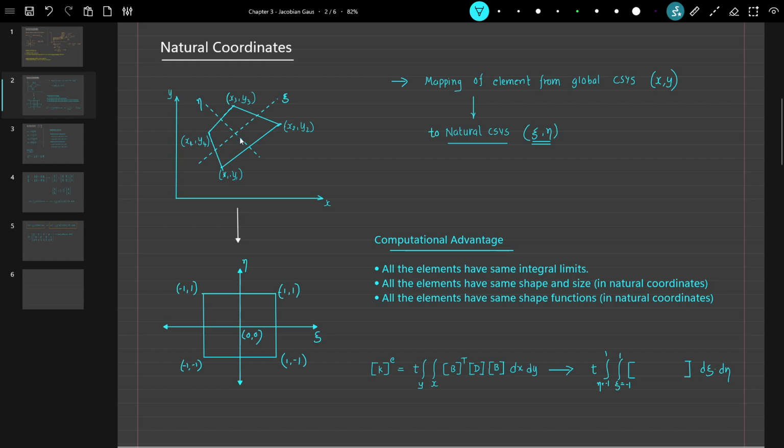It is not only a mapping from one coordinate system to the other. We also do something else, that is, the isolines of zeta and eta are aligned with the element edges.